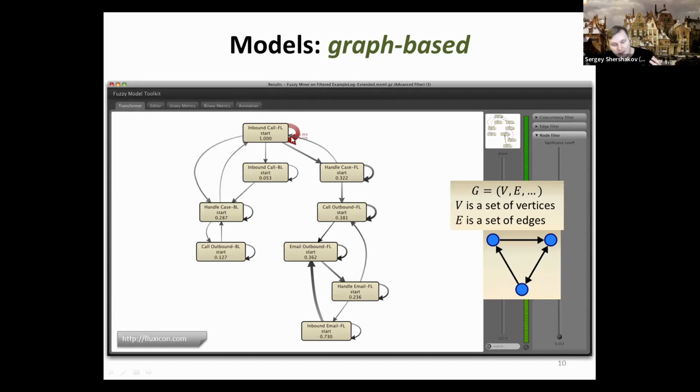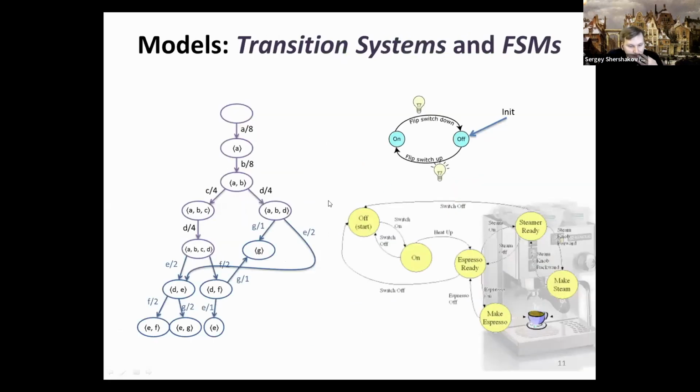This specific example simply shows a graph that displays the relationship between individual actions involved within a certain process. And it's quite easy to understand what this model depicts.